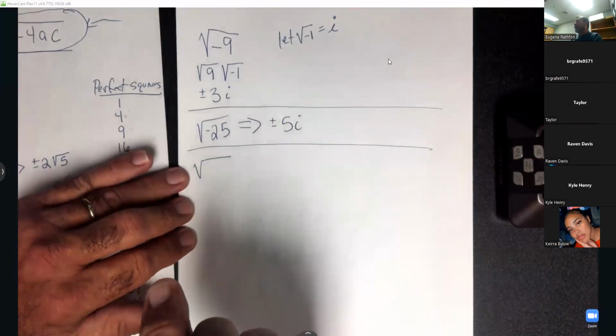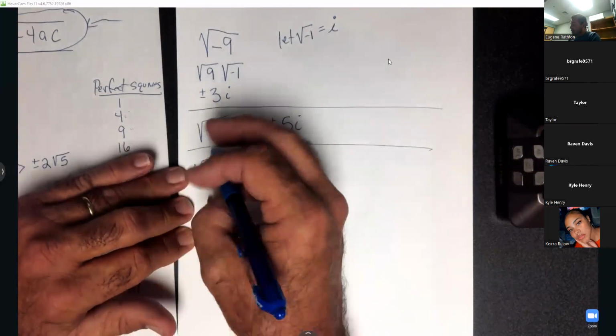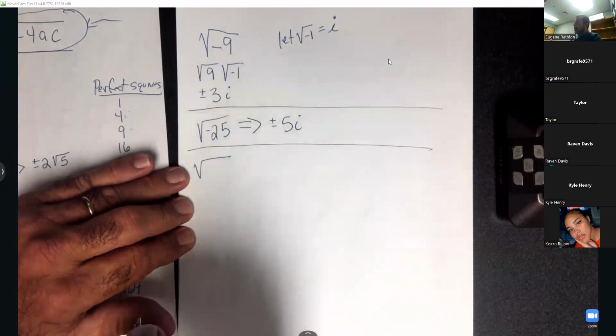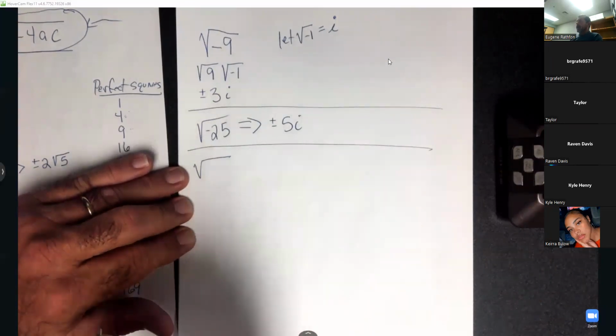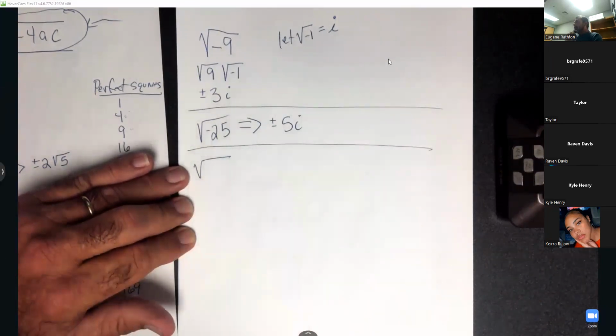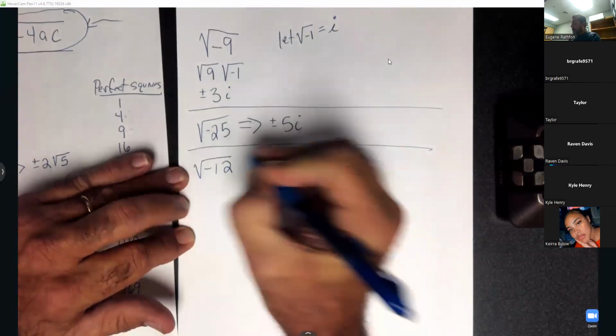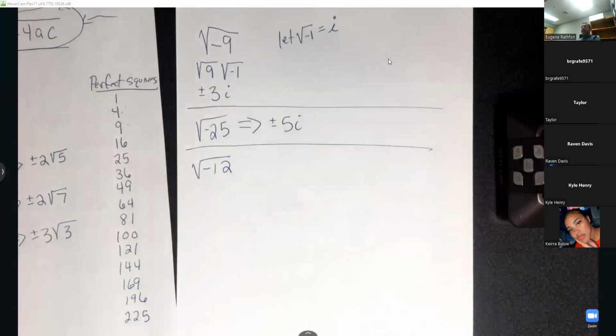Let me see what I'm on here. How about the square root of -12?